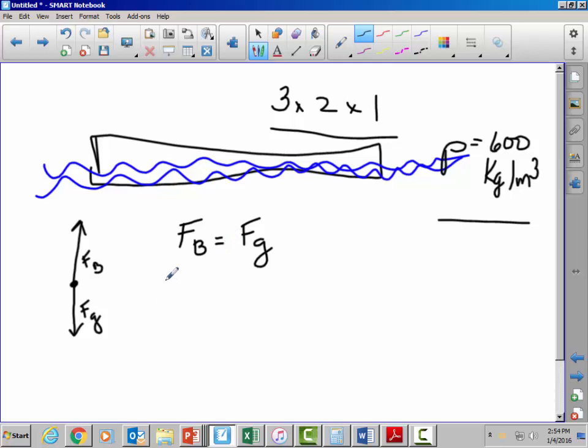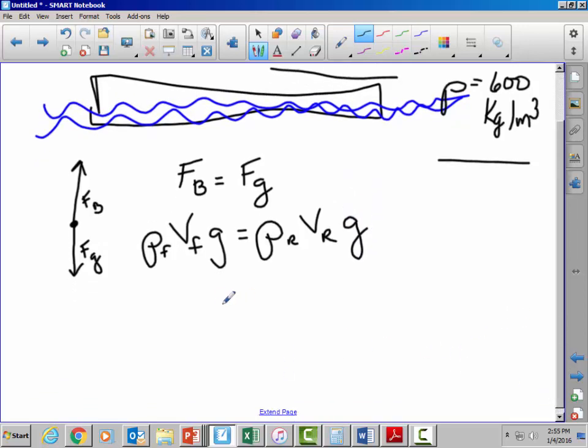So let me write this out. The buoyant force we know is equal to the density of the fluid times the volume of the displaced fluid times gravity. And then the weight of the raft is equal to the density of the raft times the volume of the raft times gravity.